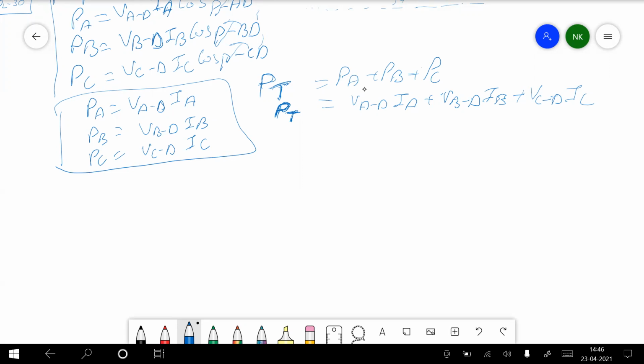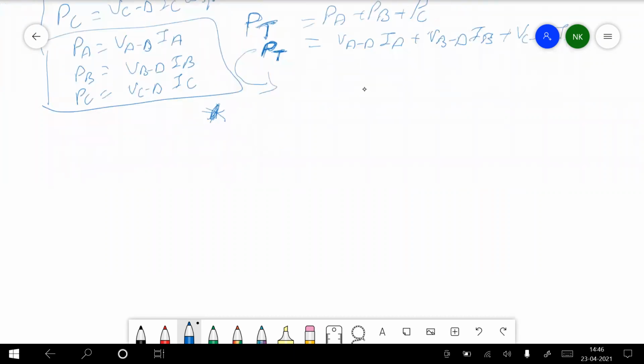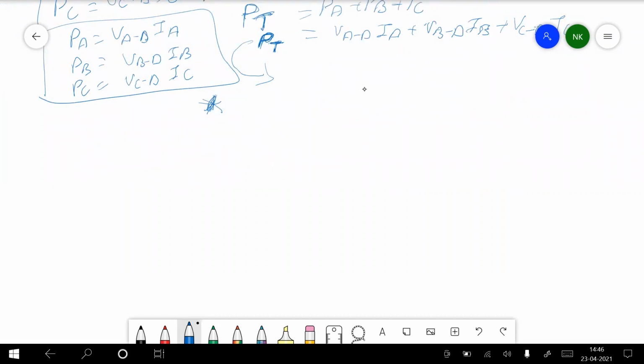This may be further reduced. If again there is a star condition, this may be further reduced, where we have an unbalanced condition in which the magnitudes of all phase voltage values are the same.